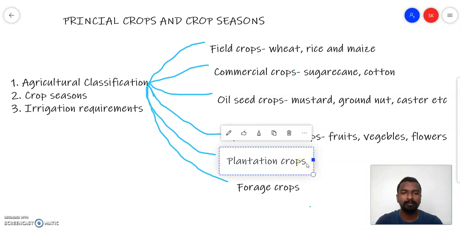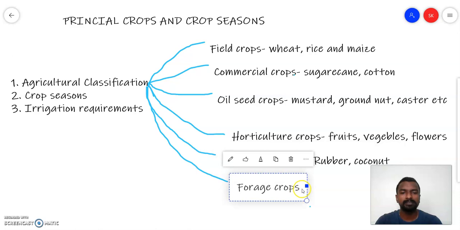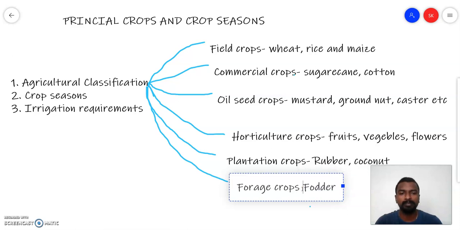Examples for the plantation crops are rubber, coconut, tea, and coffee. And the last one is forage crops. Whatever fodder or grass we generally provide for animals comes under these forage crops.